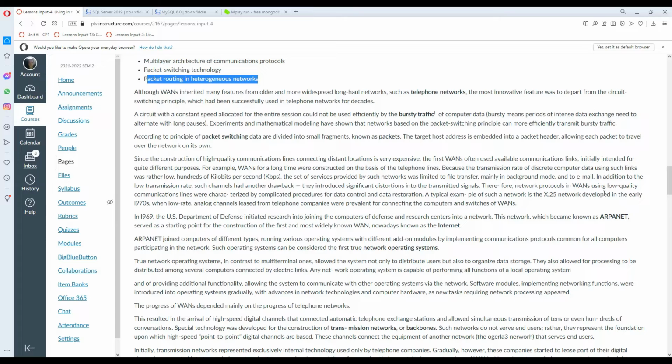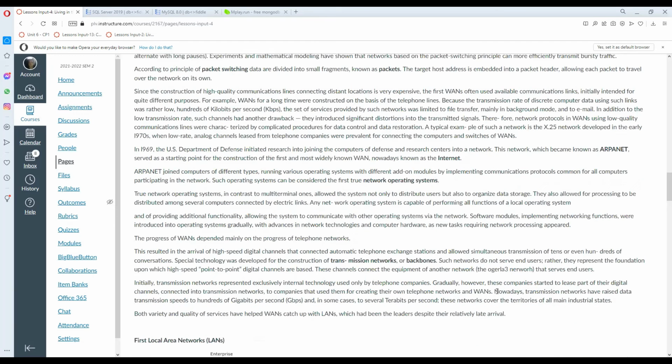Therefore, network protocols working on low-quality communication lines were characterized by complicated procedures for data control and restoration. A typical example of such a network is the X.25 network, developed in the early 70s when low-rate analog channels leased from telephone companies were prevalent for connecting the computers and switches of WANs.